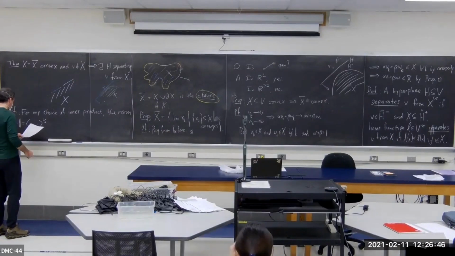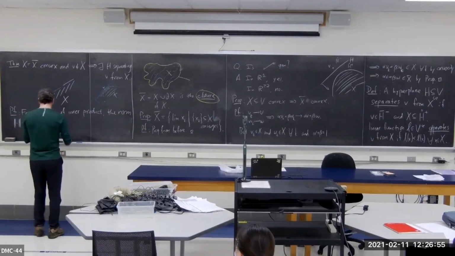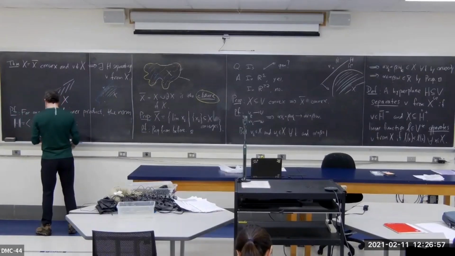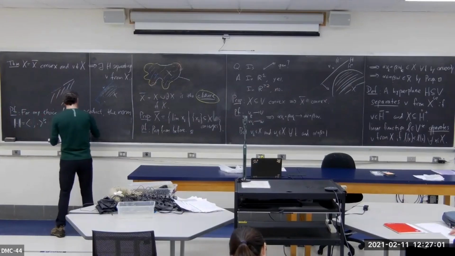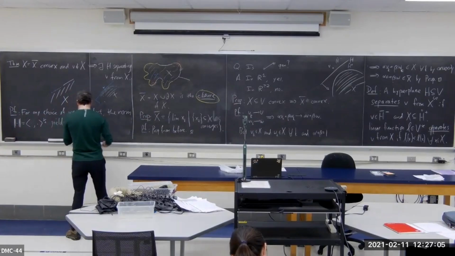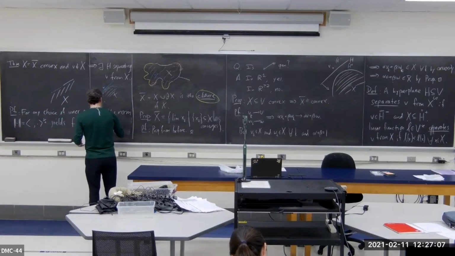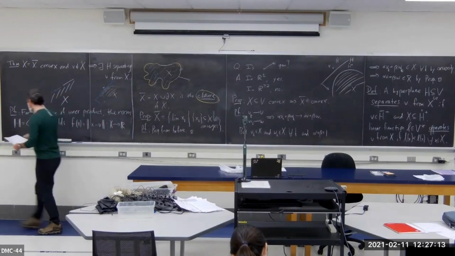Okay, let's see. So this yields a function f, where f of x is the norm of x minus v. That's a function from X to the reals. And what kind of function is this? It has some properties.